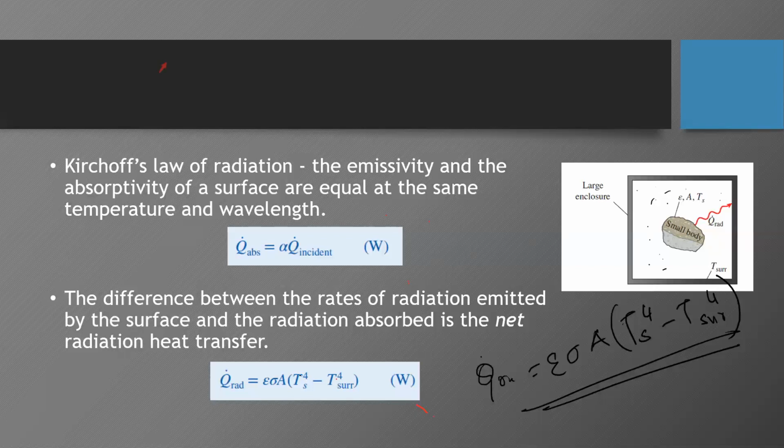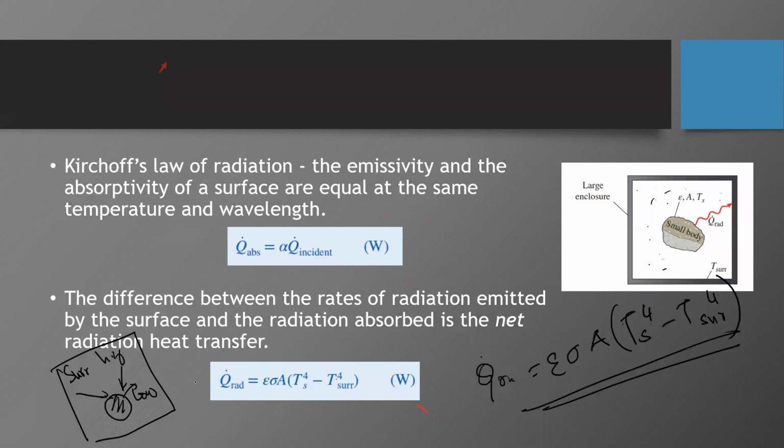So this is about the radiation, right? Sometimes there's an object like this with low temperature, and your surrounding is high temperature. Then heat energy will be received by the object, isn't it?